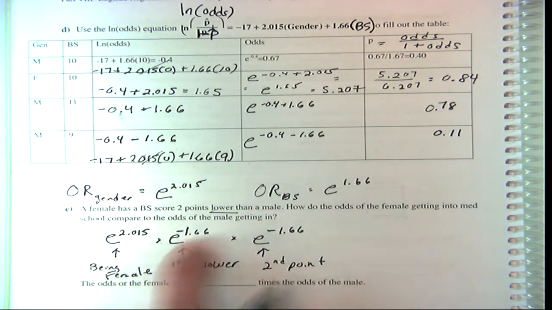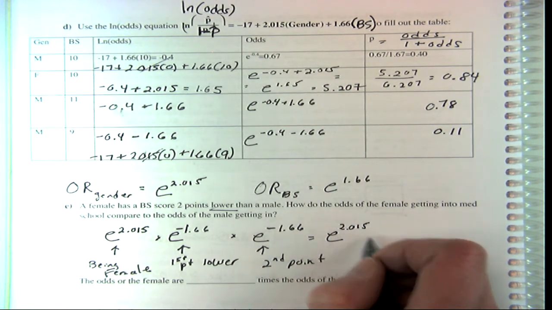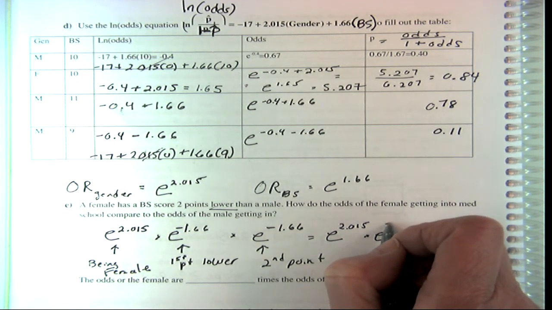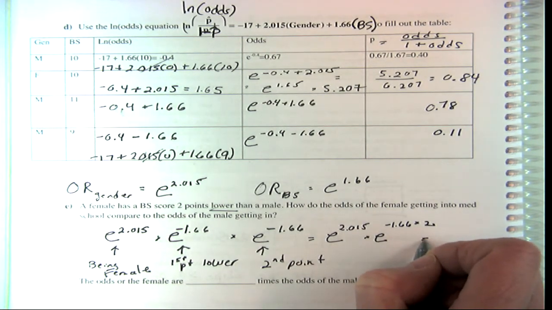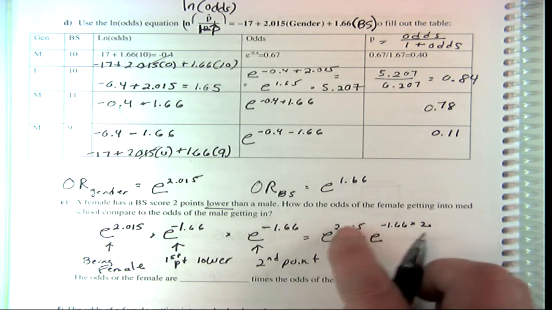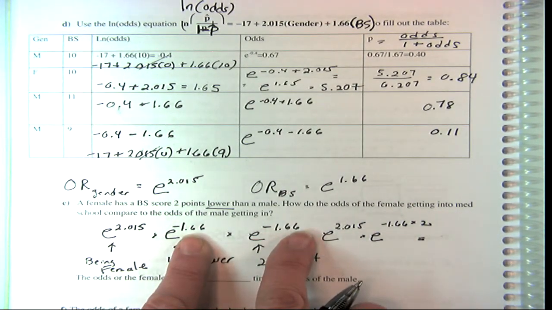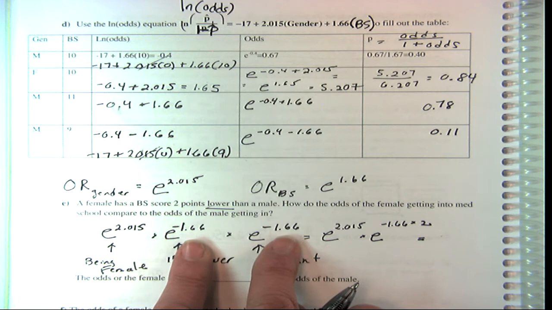So it's the first point, right? Or you could write it as e to the 2.015 times e to the negative 1.66, but it happened times 2. And that equals, when you add all those up, that minus that minus that, look, that's 2.05 minus what? 3.2, 3.32, right?